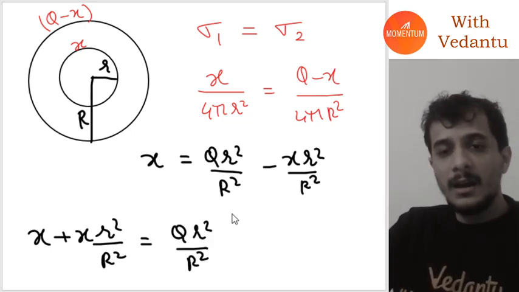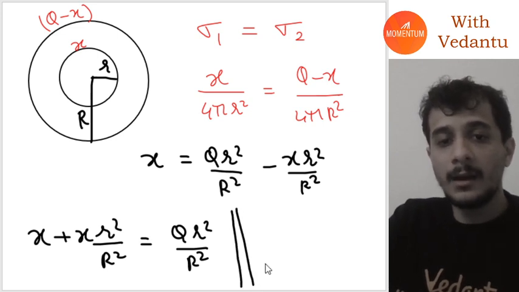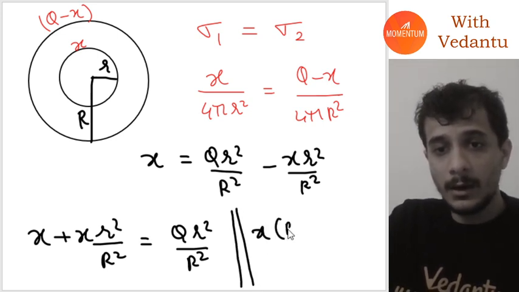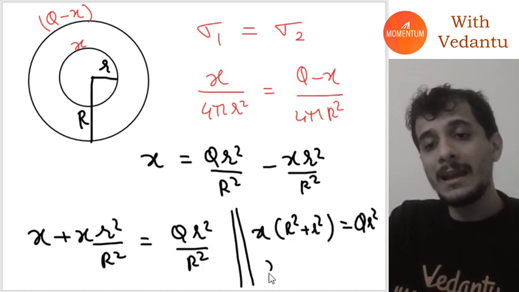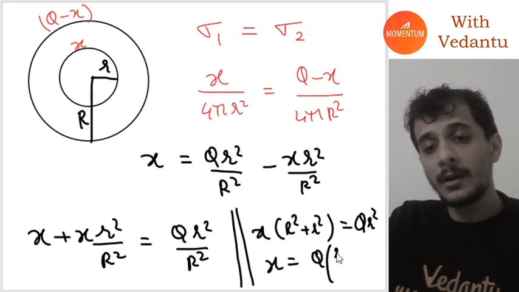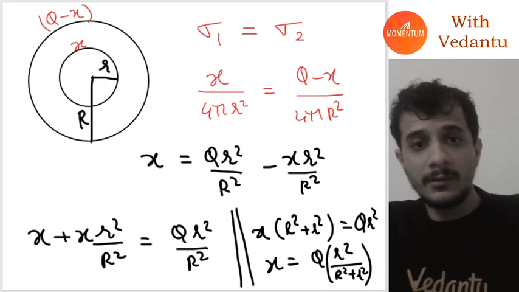Or I can write this as x into r square plus r square is equal to q r square, or x is equal to q times r square upon r square plus r square. This is the charge density, guys.